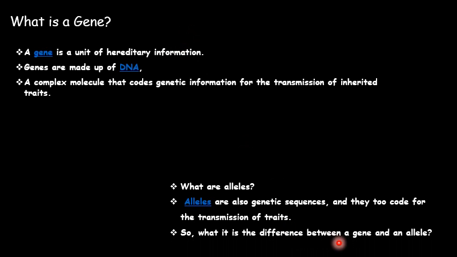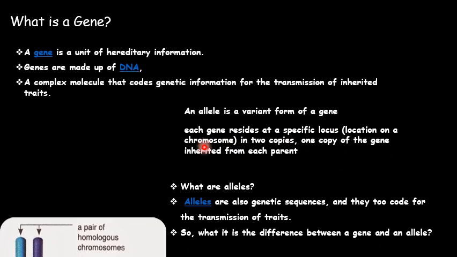So then what is the difference between a gene and an allele, you might ask me. Let me give you a simple explanation. The difference between an allele and a gene: an allele is a slight variant form of a gene.